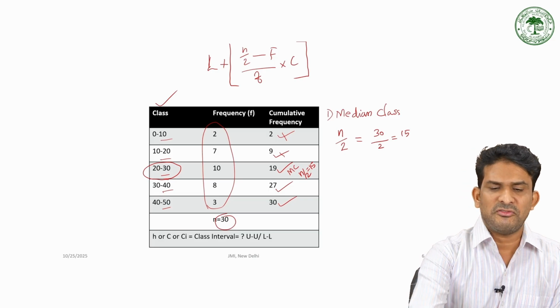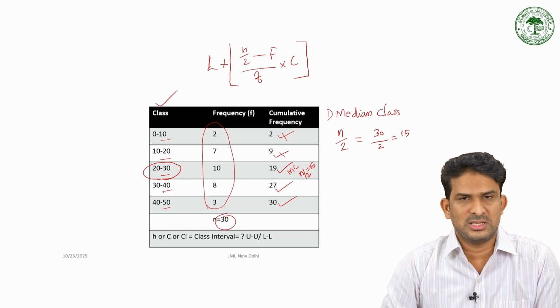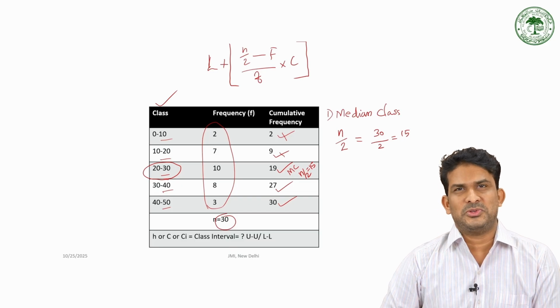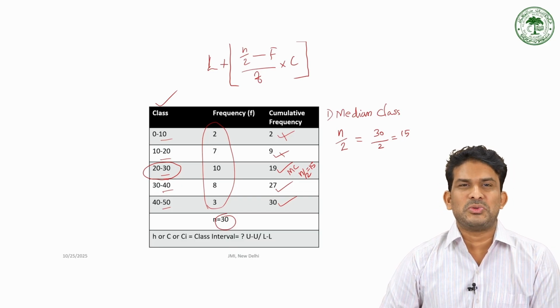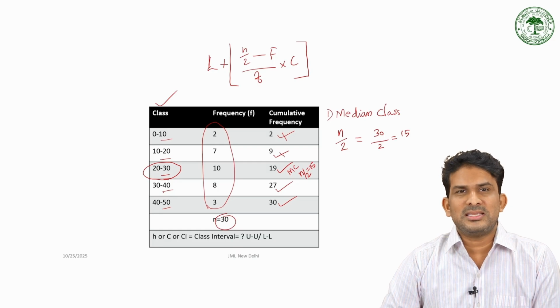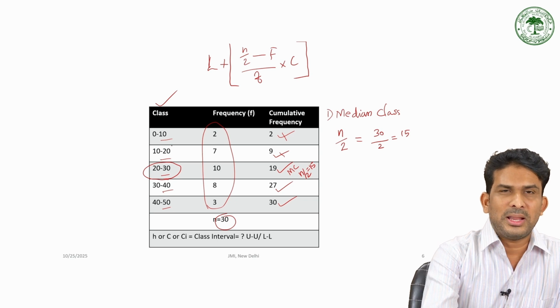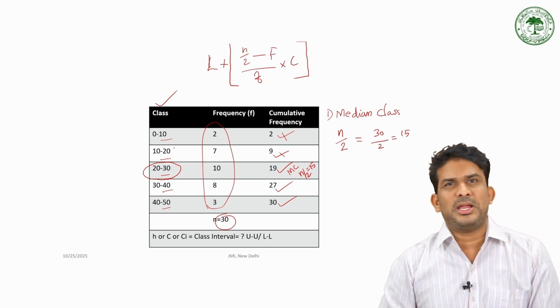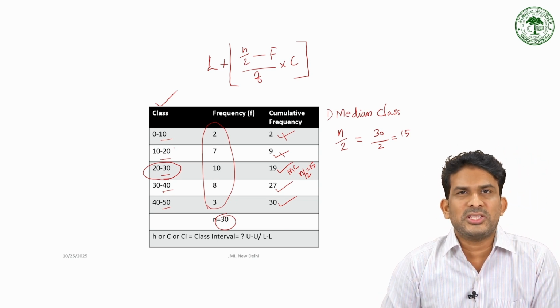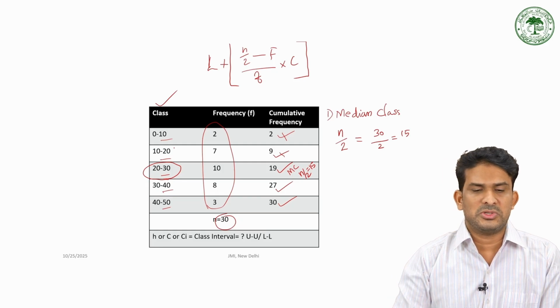Here, what kind of distribution is this? You must have learned the distributions. We have two types of distributions, inclusive and exclusive distribution. This is an exclusive distribution. What is the difference between inclusive and exclusive? When the upper limit is not incorporated in the class, such distributions are known as exclusive distribution.